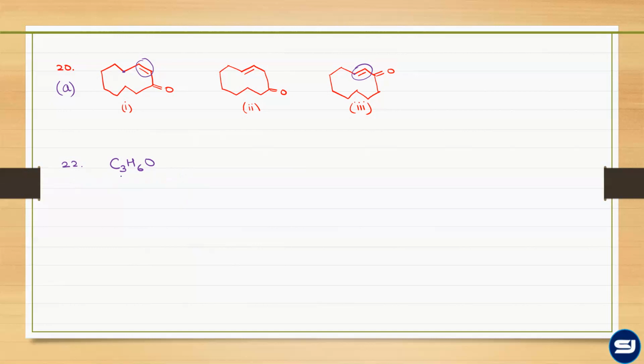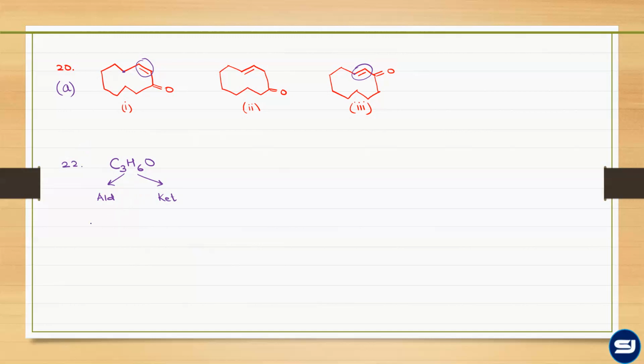So carbonyl compounds with this molecular formula will be which compounds? Aldehyde and ketone. In fact, it can represent aldehyde, ketone, unsaturated alcohol, unsaturated ether, cyclic alcohol, cyclic ether. But since they are talking only about carbonyl compounds, we have to talk about aldehyde and ketone.